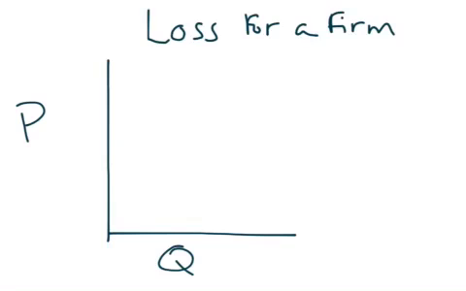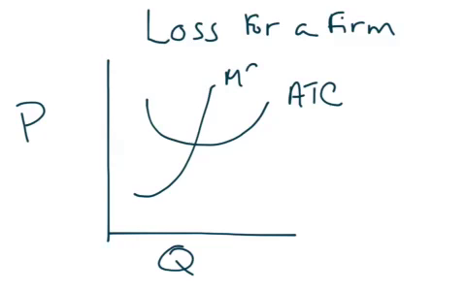Okay, so I'm going to start by drawing this graph with the same curves. I'm going to start with my average total cost curve and my marginal cost curve. Because I want to show a loss, I have to show the marginal cost and the marginal revenue curve intersecting at a quantity that will mean that the price lies below the ATC.